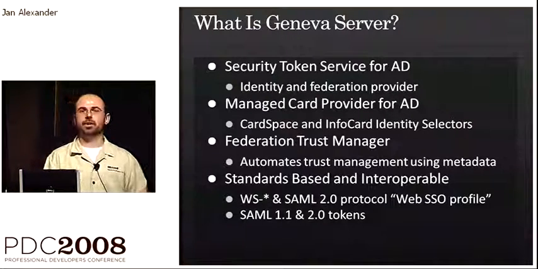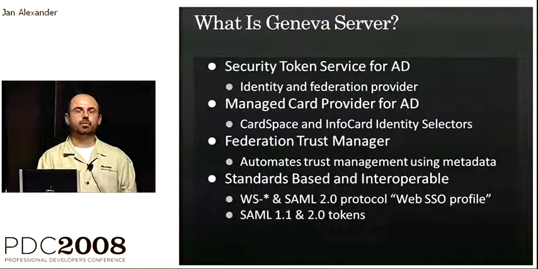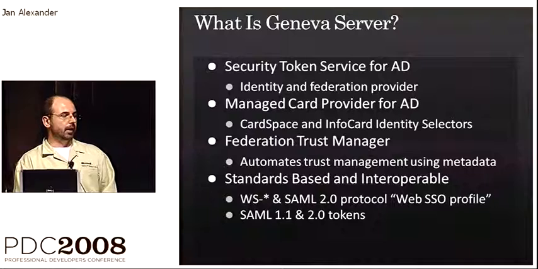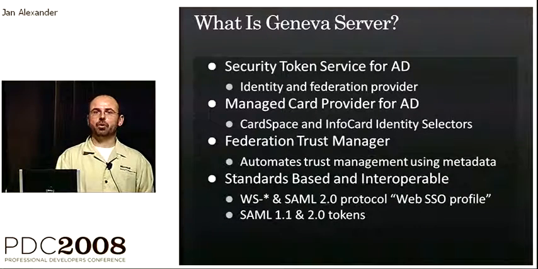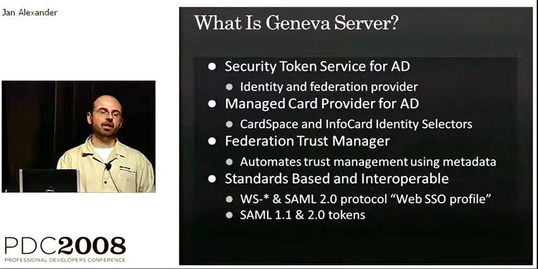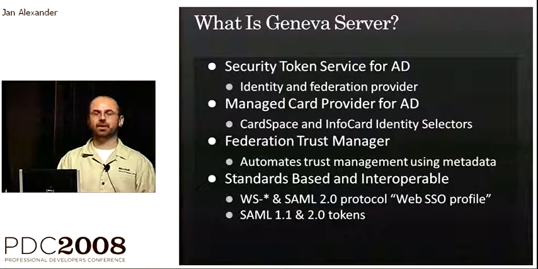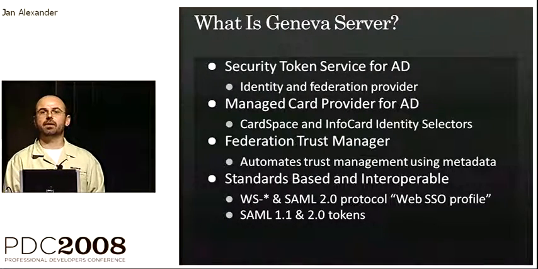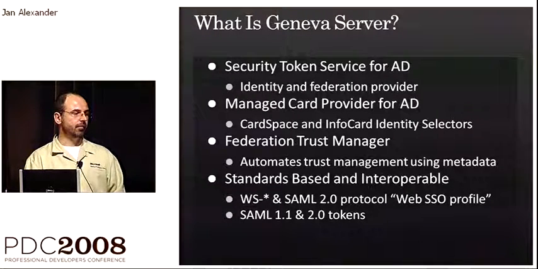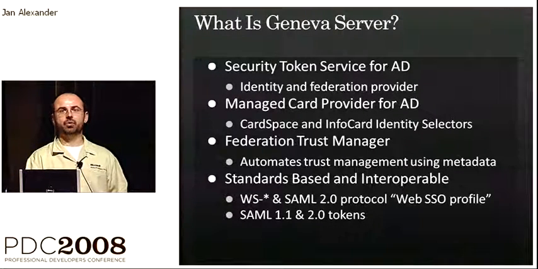But right now, we support AD, and we actually require AD to be there. And it uses industry standard protocols. And as I heard yesterday, we actually support SAML-P protocol or SAML protocol in this web SSO profile as well. And we support both SAML 1.1 and SAML 2.0 tokens.